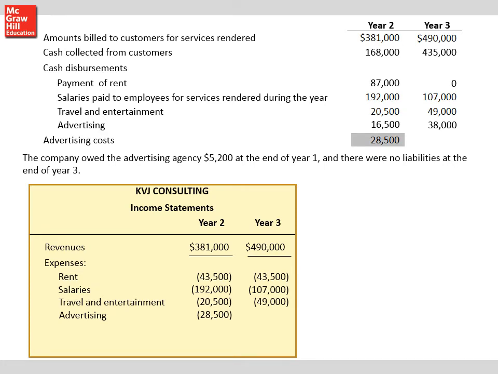Of that $28,500, okay, the company paid $16,500 in year 2 and $38,000 in year 3. But that's all we need to know for now. There's no advertising costs in year 3.